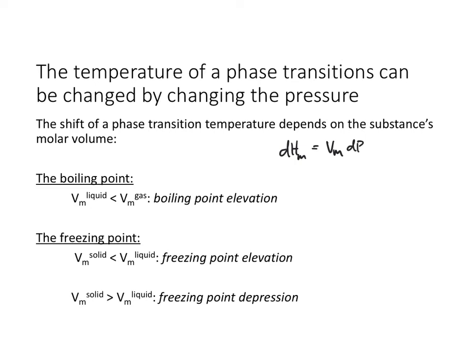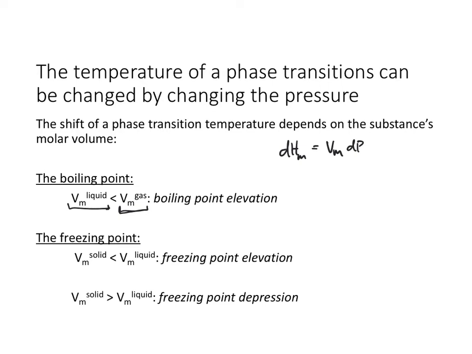And since the molar volume of a gas is always going to be a lot larger than the molar volume of a liquid, we're going to have a much bigger change in the enthalpy as a result of the same change in pressure. Okay?